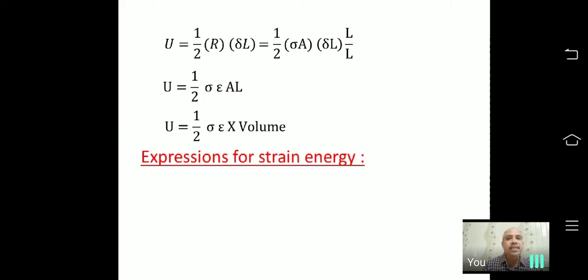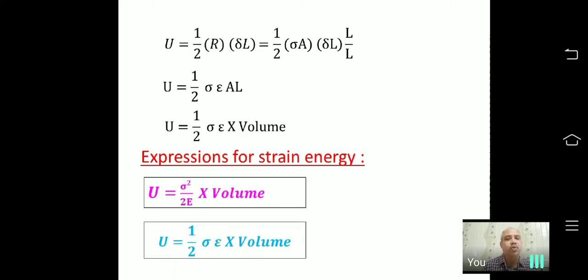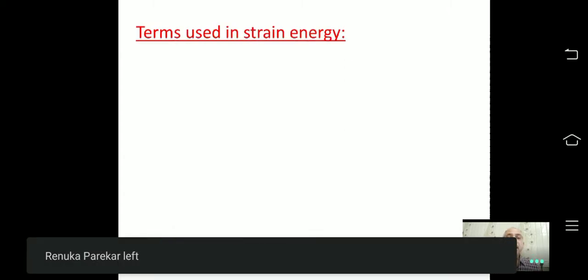Delta L upon L becomes epsilon, and then my equation becomes 1 half sigma into epsilon into AL, that is 1 half stress into strain into volume. So we have this as second form of the equation. So you can see here we have two forms. First sigma square upon 2E into volume, and second 1 half stress into strain into volume.